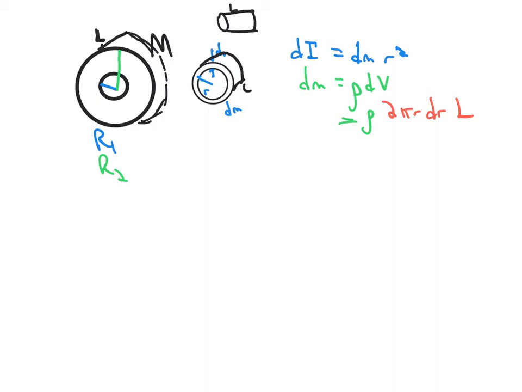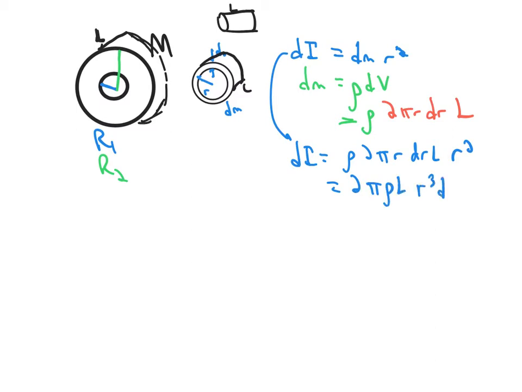And then that allows us to go back and say dI is rho 2 pi r dr L times r squared, or 2 pi rho L r cubed dr. Why do we want to do that? Because the total inertia is just going to be the sum of all the little inertias.